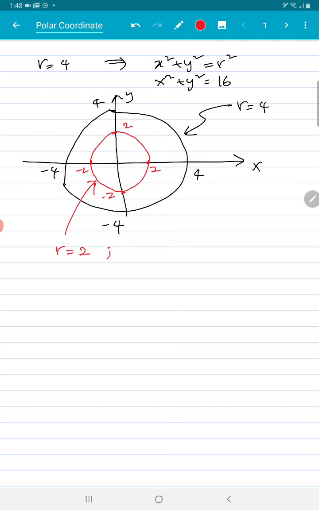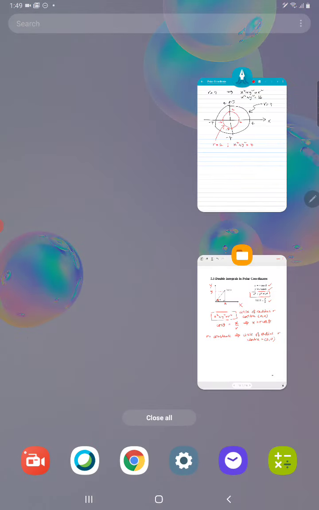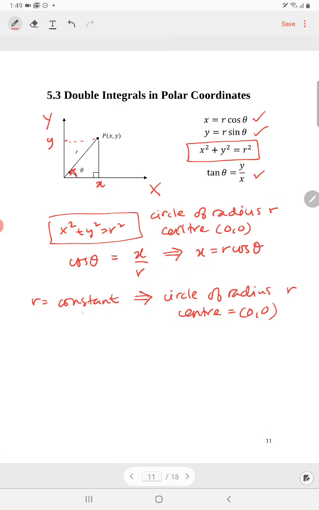Or in Cartesian, it will be x squared plus y squared equals r squared, which is 4. So this one is in Cartesian, and this one is in polar. So bear in mind, if you have r equals a constant, that really represents a circle of radius r centering at 0, 0.